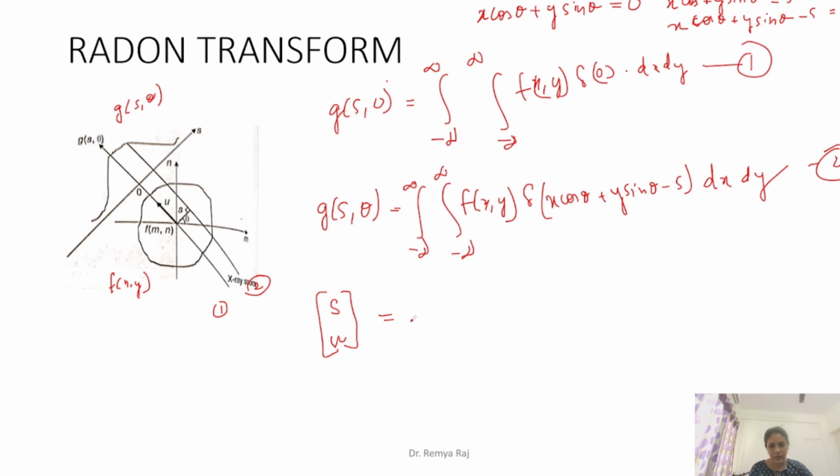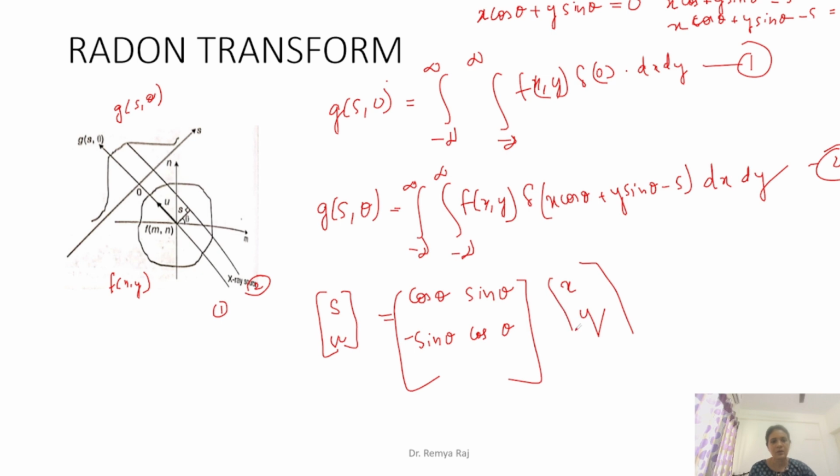That is given by the matrix cos theta, sin theta, minus sin theta, cos theta, multiplied by x y.